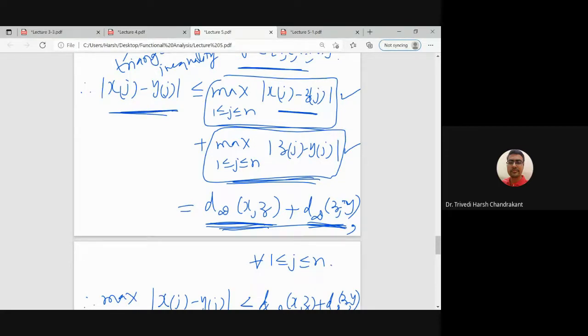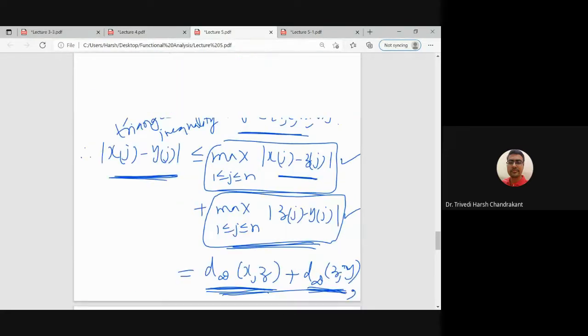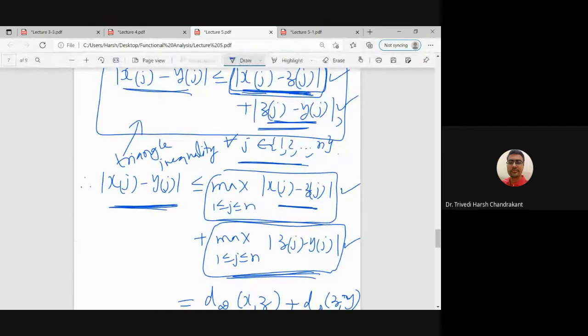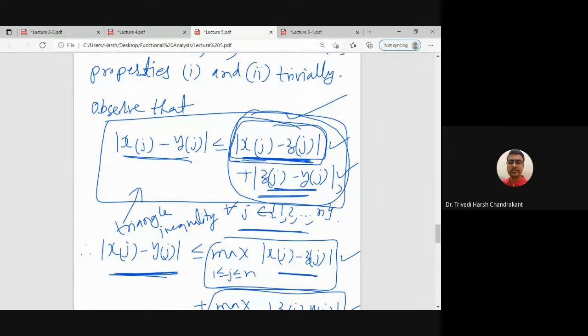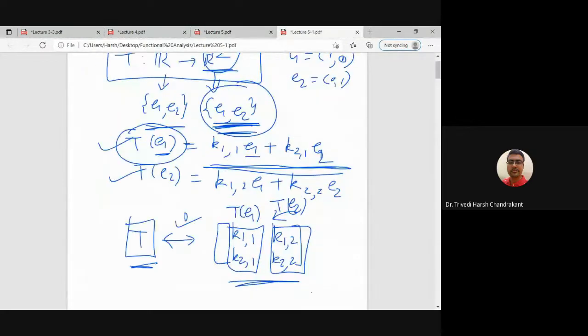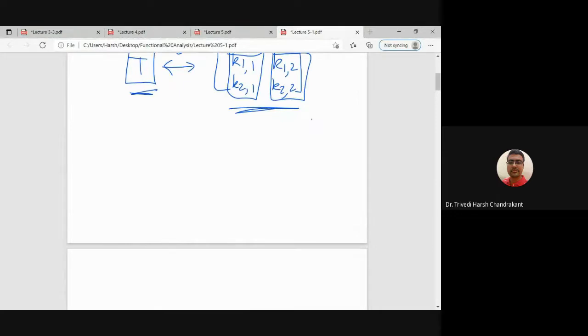But on this side j is fixed, right? We change j only on the right side. So basically what we are doing is that if we have a number a1 less than or equal to b1, and b2, then we know that a1 is less than or equal to the maximum of b1, b2.